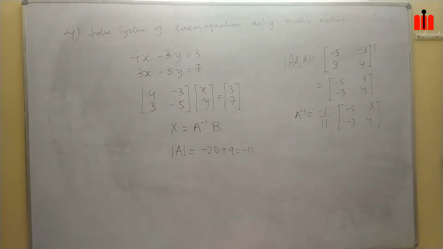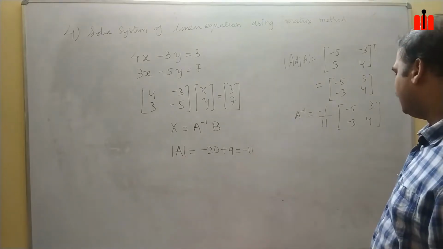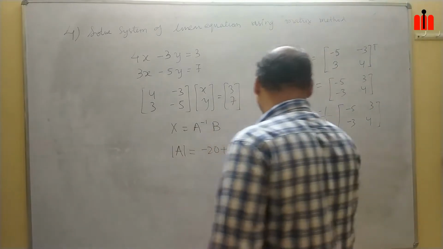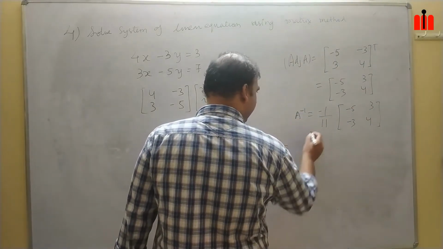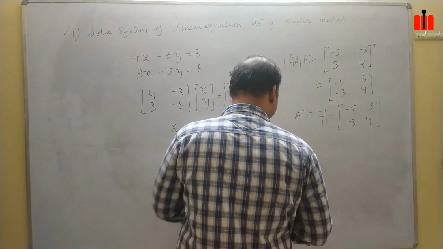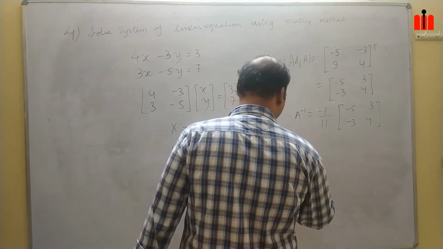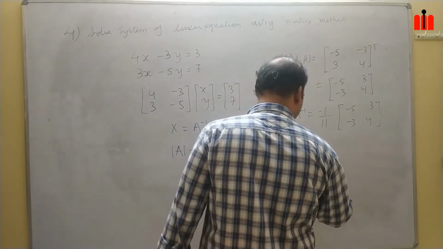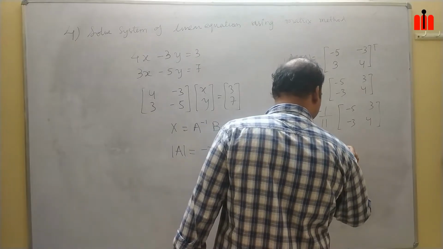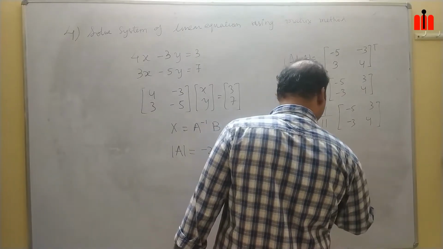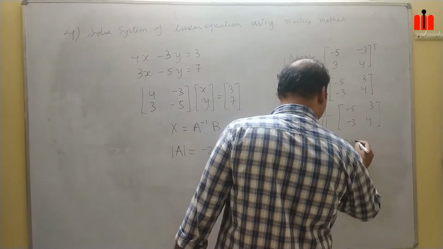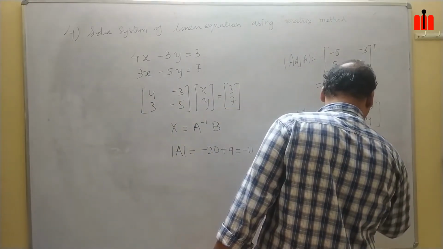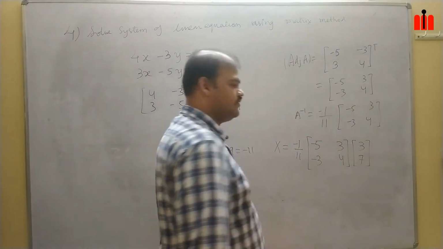Now I have to find A inverse B for X. So X equals A inverse B. So A inverse is minus 1 by 11 times [-5, -3; 3, 4], into what is B? B is 3 and 7.